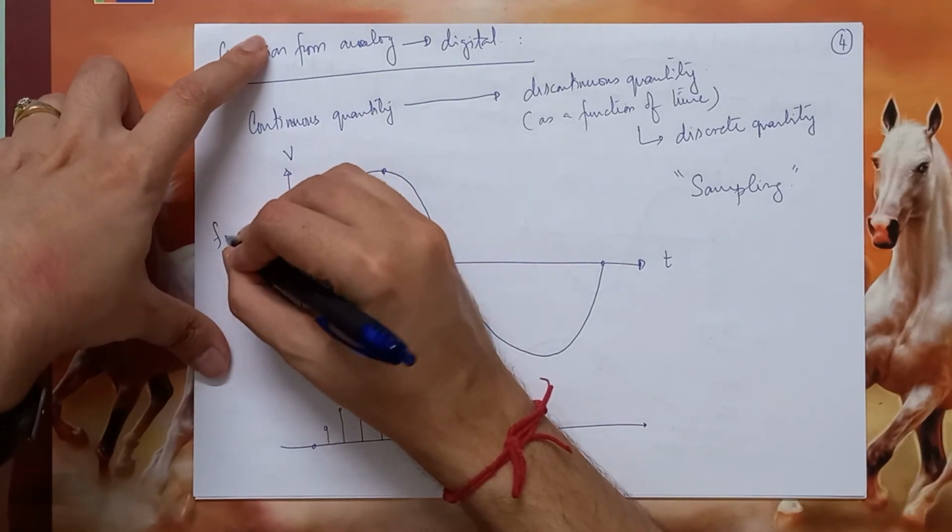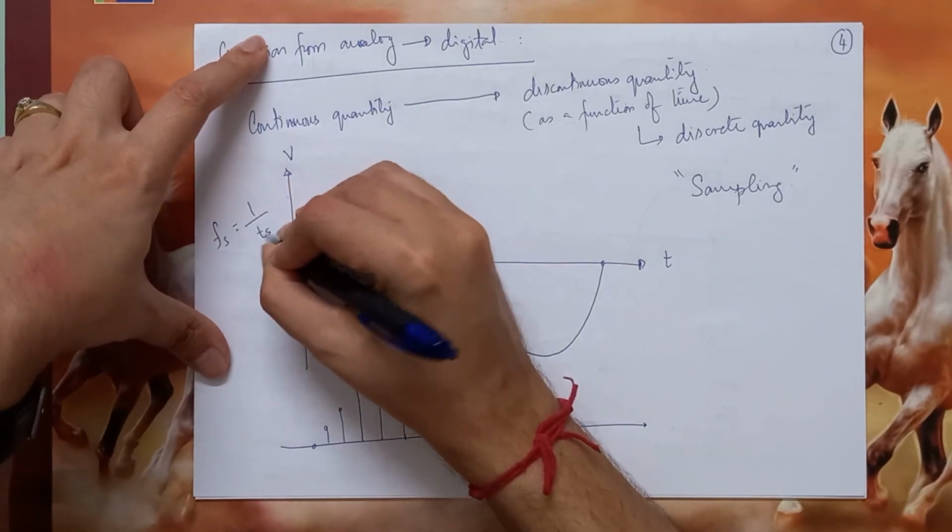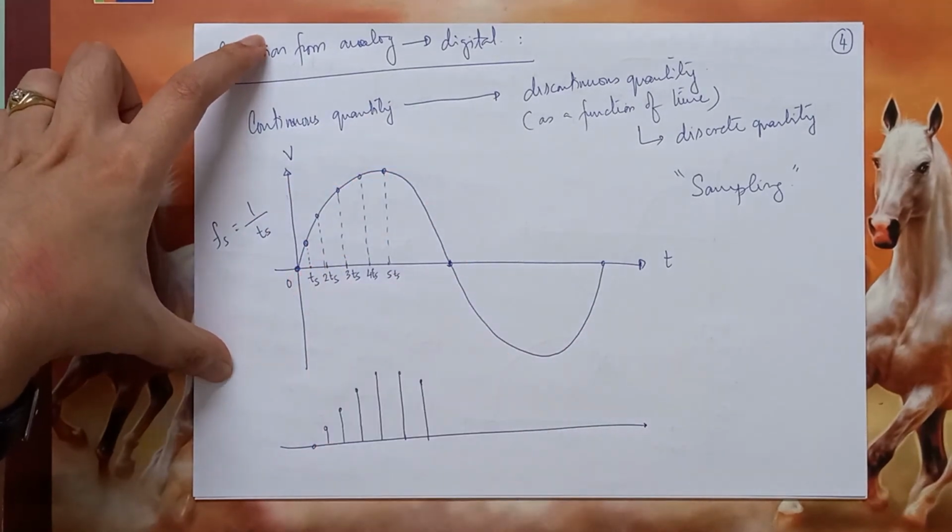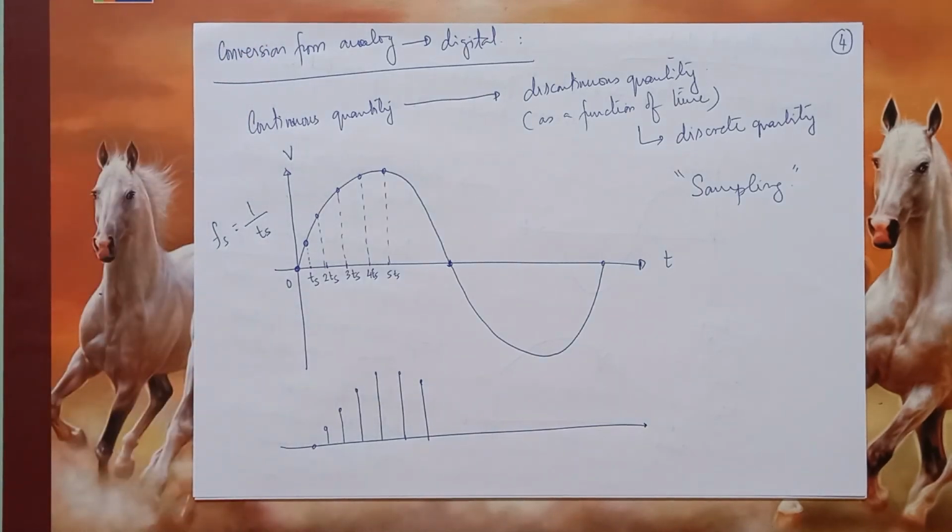The sampling frequency Fs, which is nothing but 1 by Ts. This sampling should be done at such an interval that you do not miss even those signals which are of high frequency, or those components which are of very high frequency.